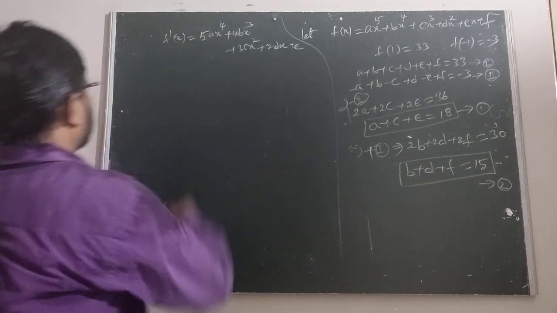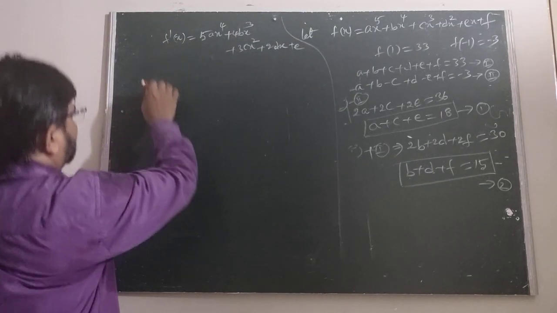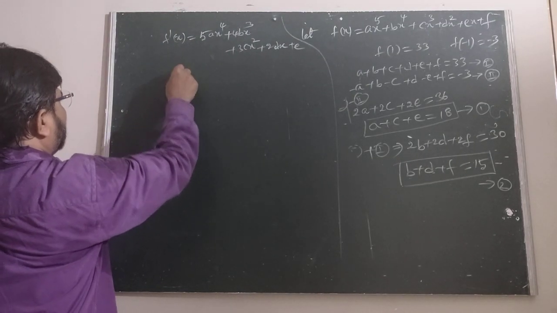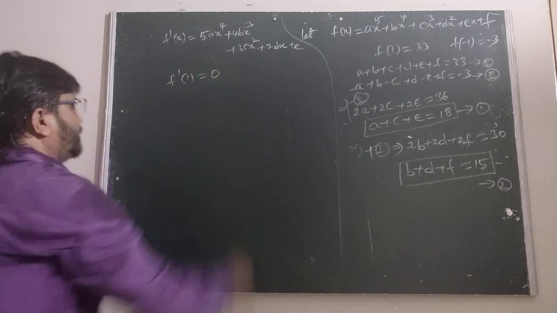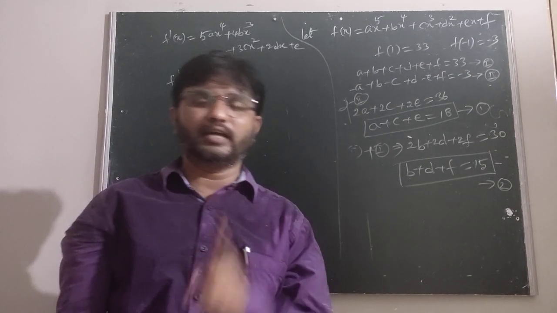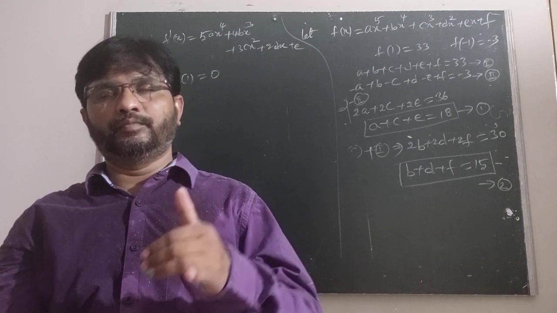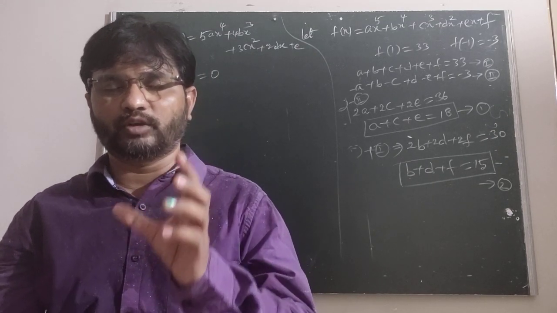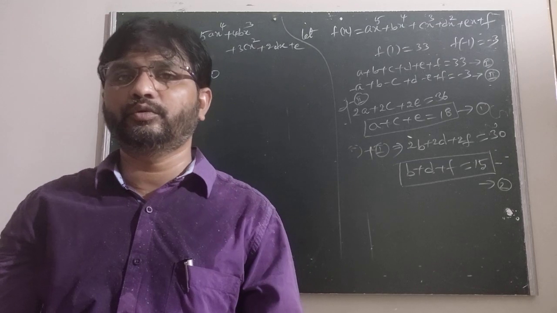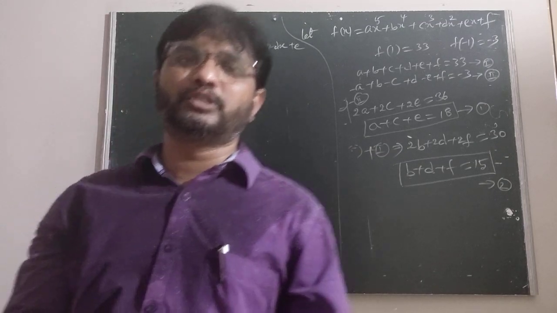Now we observe that f dash of 1 must be 0, because we know that it is divided by x minus 1 whole cube. After derivative, the constant remainder will be 0.